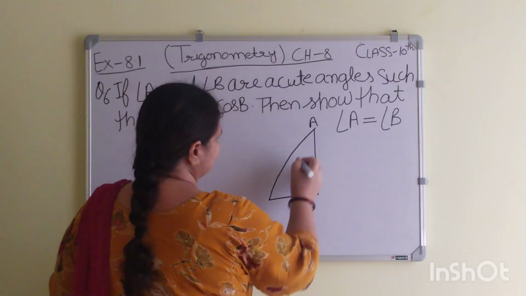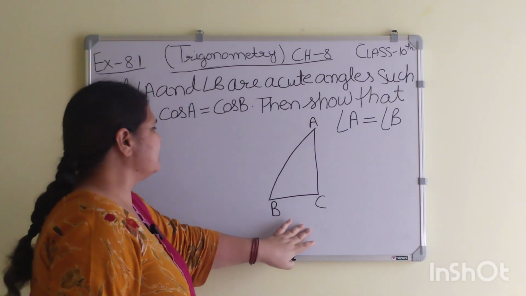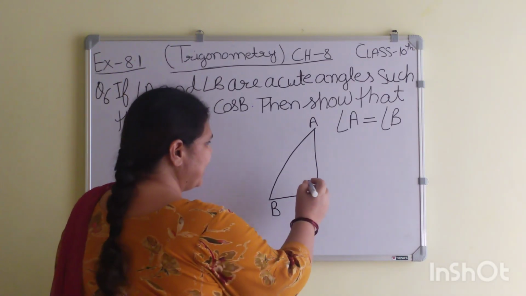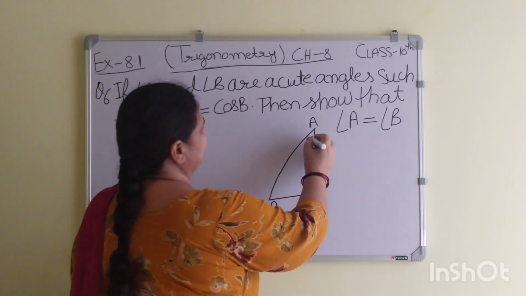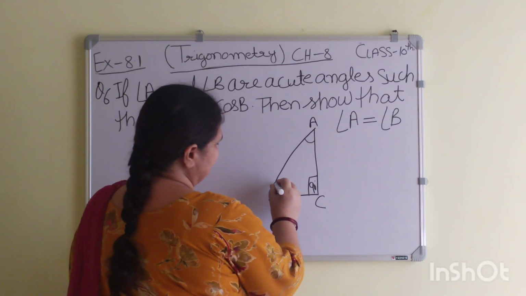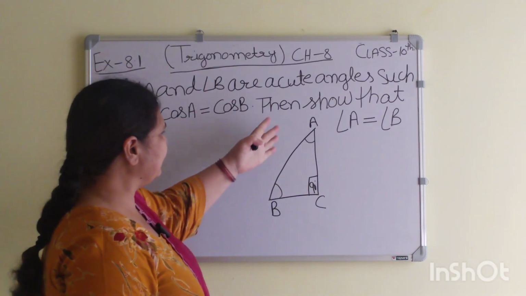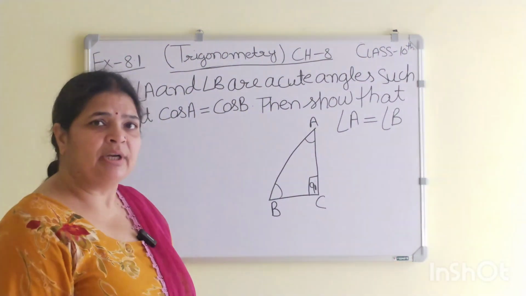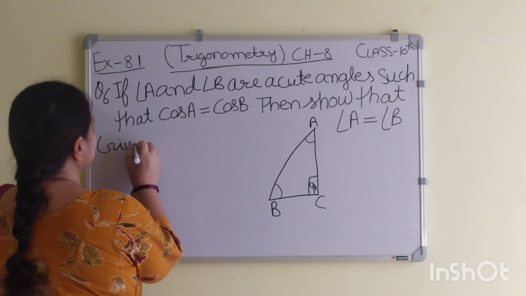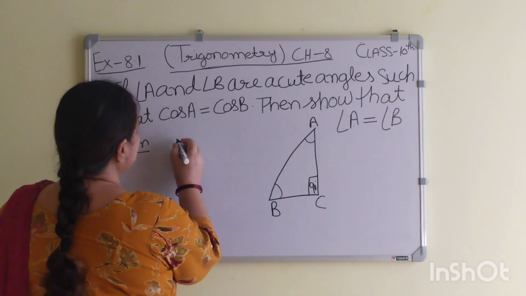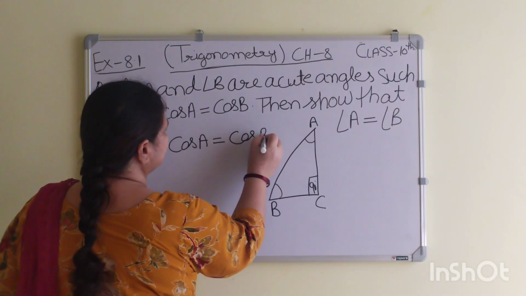Here A, B and C. In this right angle triangle, at B is a 90-degree angle, and angle A and angle C are both acute angles. Given in this is cos A is equal to cos B.